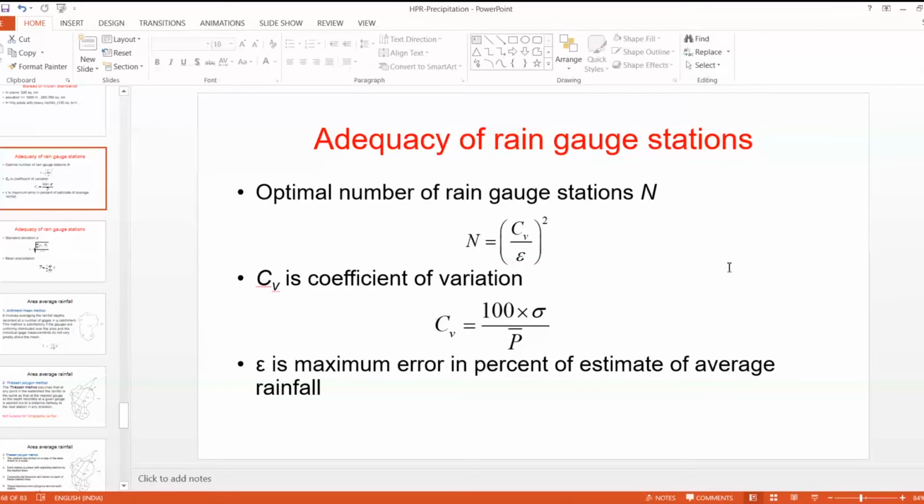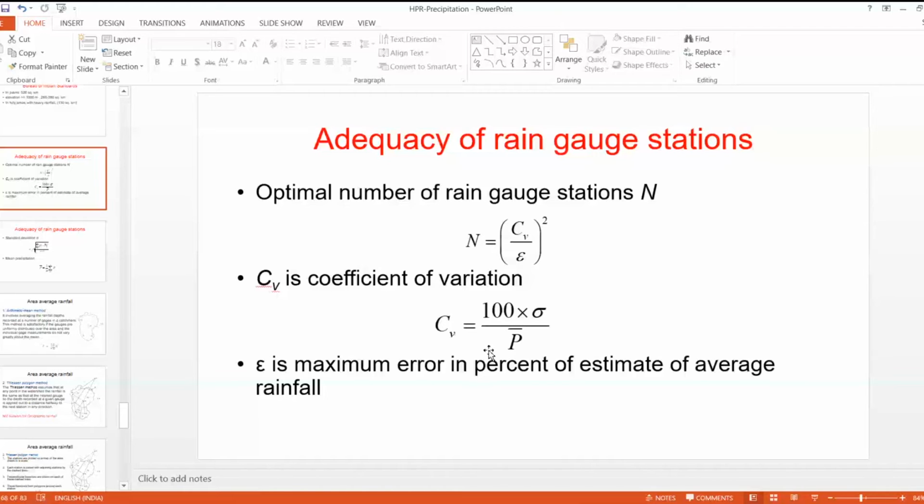The coefficient of variation is nothing but the ratio between standard deviation and mean rainfall. Generally, it is represented as a percentage, therefore it is multiplied by 100, so 100 times sigma by P bar. Then epsilon is the maximum percent of error allowed.